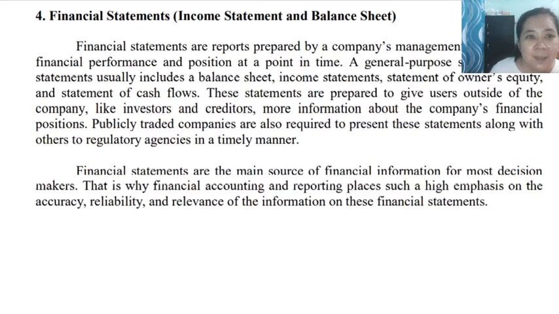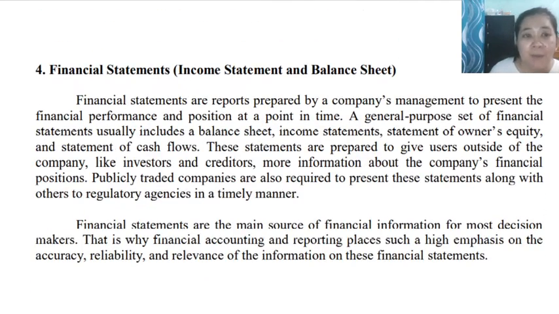The last columns are for our financial statements. Basically, we have our income statement and balance sheet. Financial statements are reports prepared by the management. They represent the financial performance and position at a point in time. Normally, the entity prepares general purpose financial statements, meaning they can be used by anyone with different objectives.